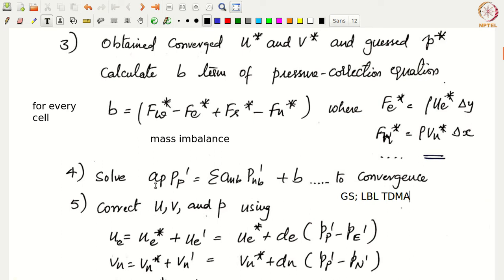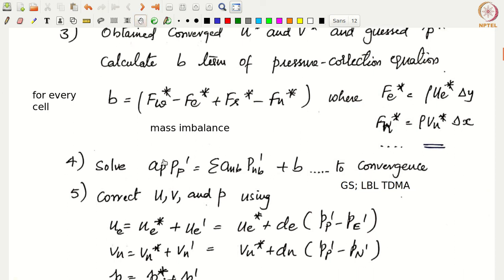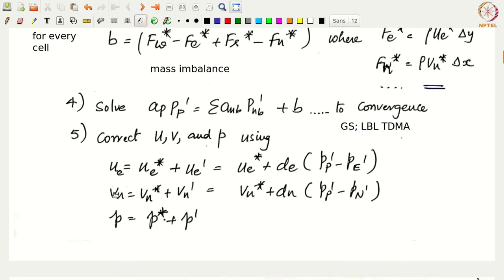All right, then once you know the pressure corrections, of course we can go ahead and correct the velocities and the pressures with the obtained pressure correction. Correcting the pressures is trivial: P equals P star plus P prime, that is straightforward. You do this for every cell. Then for the velocities, we already have the U star value, which is the converged value after step 2, right? Now you add U star to Ue prime.